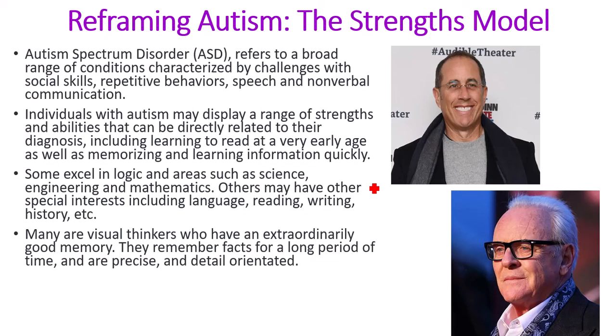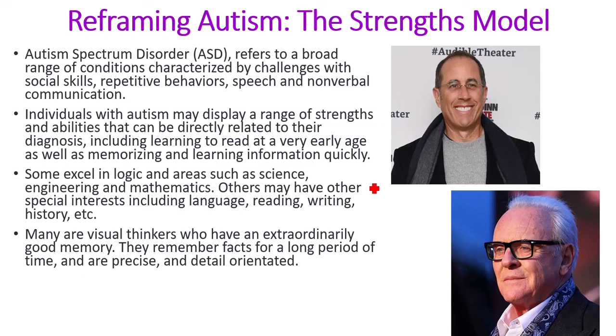Many individuals are visual thinkers who have extraordinarily good memory, remembering facts for a long period of time, precise, detail-oriented. If you have a friend who is on the autism spectrum, ask them about their special interests because they will be able to talk for hours. I knew a guy one time whose special interest was botany. That wasn't his job, but he could tell you just about anything about any plant that you ever wanted to know.